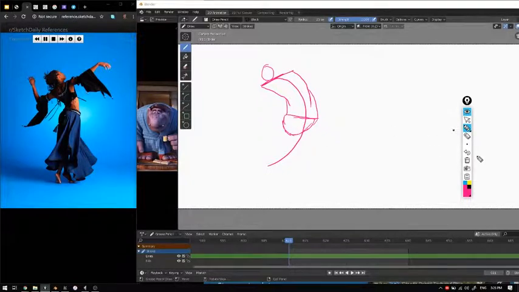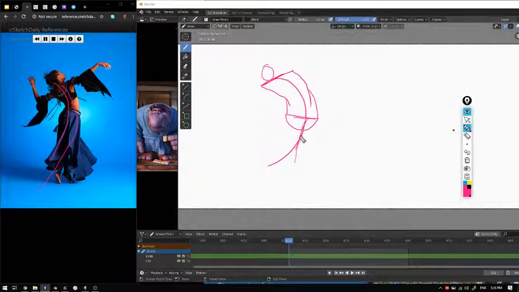Oops. Too big. And then we can draw their legs in now. So got the spine in there, but remember, it's not necessarily going like that. We're now going like this.